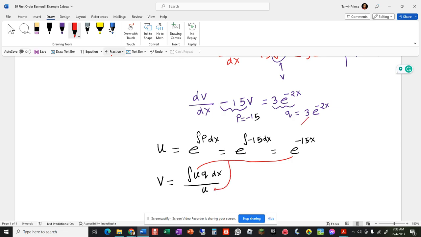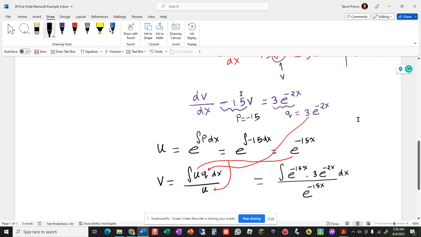And in place of q is 3e to the negative 2x. So let's do that. Substitution. So integral of u is e to the negative 15x times q, which is 3e to the negative 2x dx over u, e to the negative 15x.